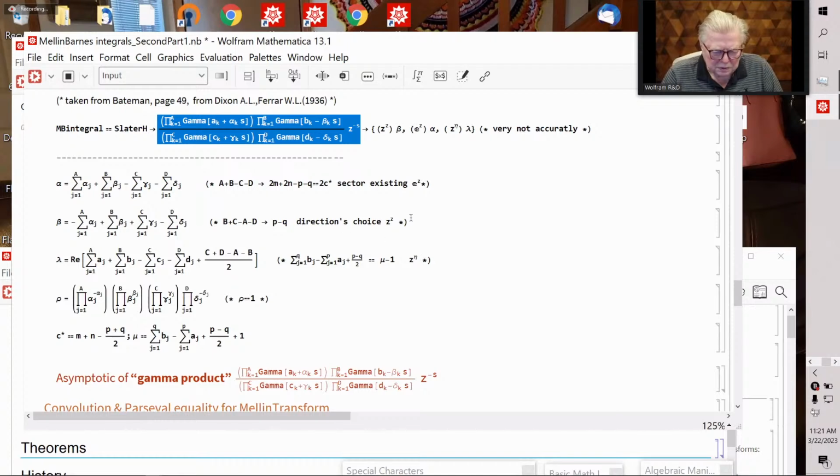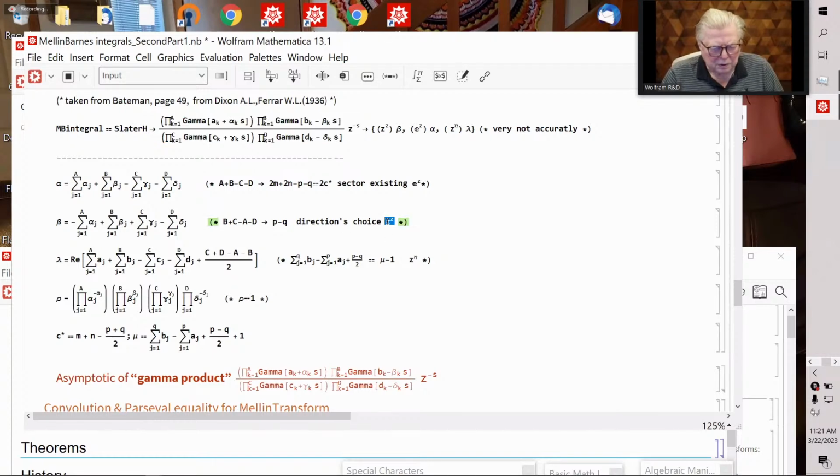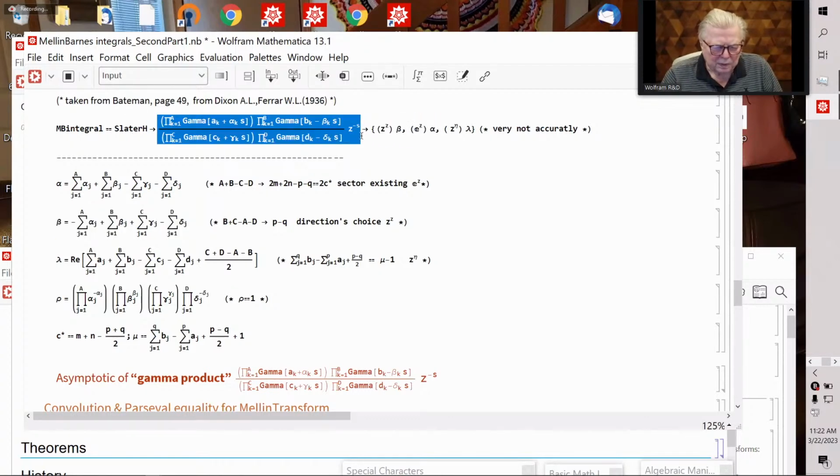These components can exist or can be in degree 0, like disappear, and can also be in negative or positive degree. And these values, whether they equal 0, positive or negative, regulate the behavior of these Mellin-Barnes integrals and FoxH, SlaterH functions.